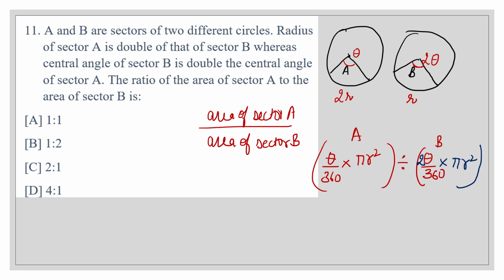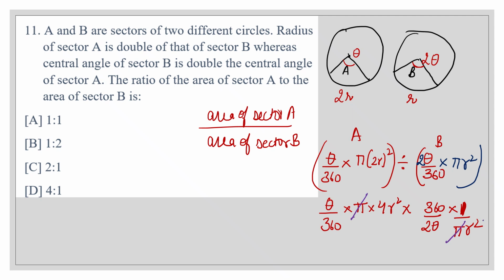Here r is 2r. This is 2r square. Let's convert this division into multiplication. This will become 4r square into 360 upon 2 theta into pi, 1 upon pi r square. Cancel it.